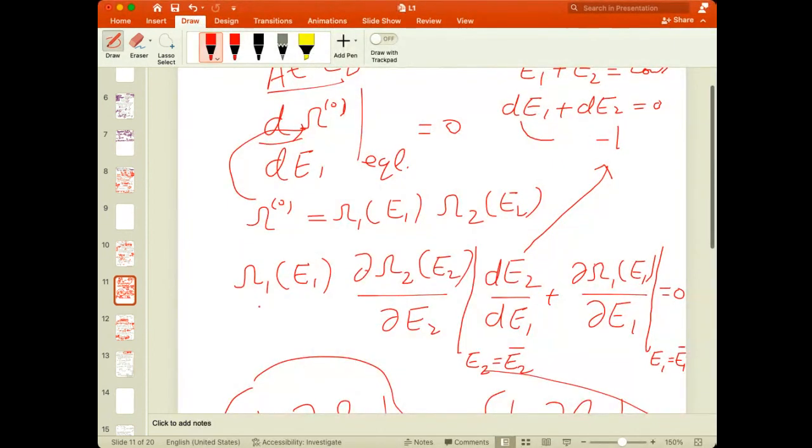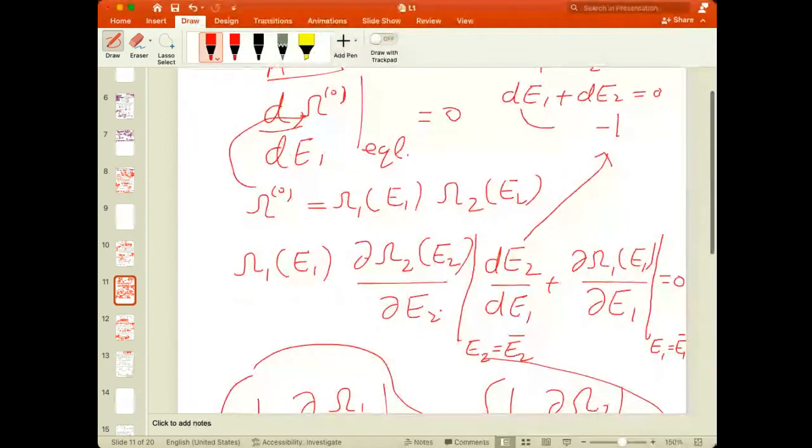So here, if you differentiate this omega with respect to E2, you will have E2 here, then this term would come here.